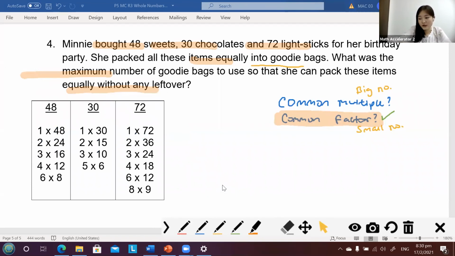So let's circle those that are common. So 1, 2, 3. What else? 6. Anything else?